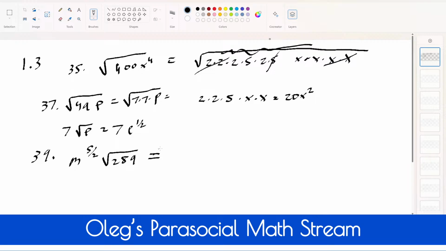Well, let's actually do that. Let's see what happens. We're going to put the m in here. So we're going to have 289, and we're going to have m to the 5th power. Okay? Well, when we do that, m should be m times m times m times m, leaving one m.